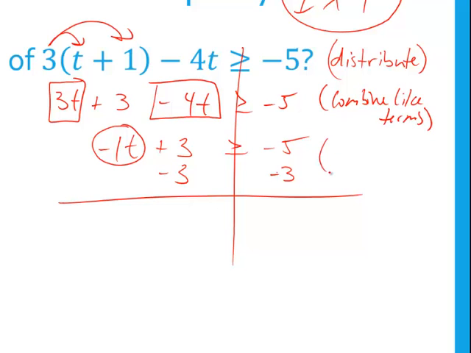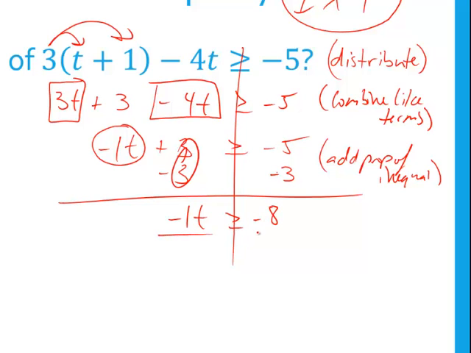And this was the addition property of inequality. Okay, so then that'll add to 0. We're going to have negative 1t is greater than or equal to negative 5 plus negative 3 is negative 8.